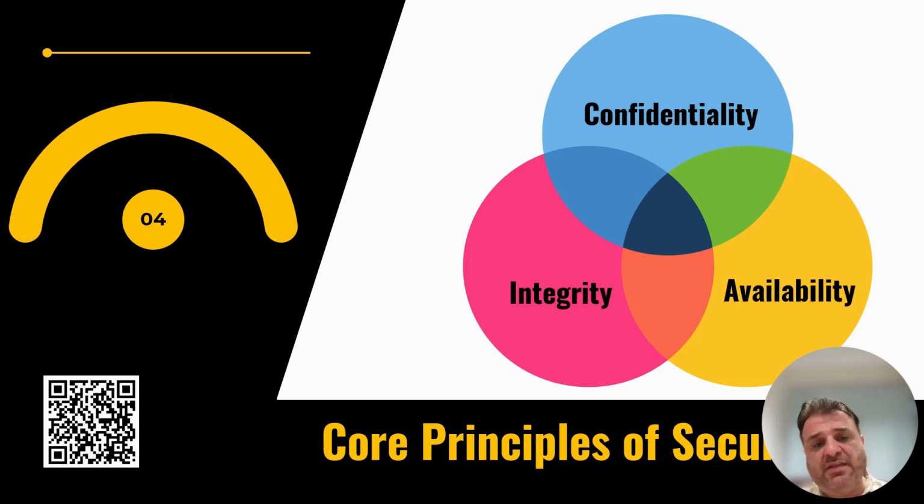About availability: availability ensures that the system, applications, and data are accessible to authorized users when they need them. The key concepts here are redundancy, disaster recovery, and load balancing. What does it mean? In redundancy, we use backup systems and failover mechanisms. And for disaster recovery, we need to have plans for restoring services after an outage.